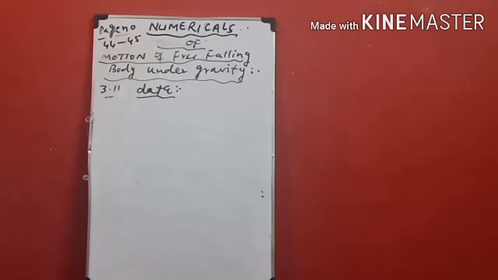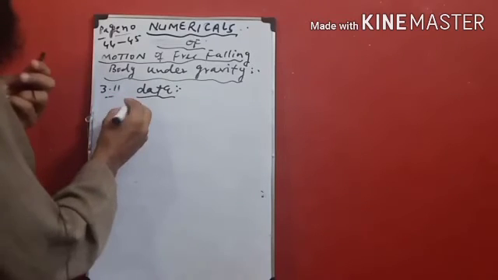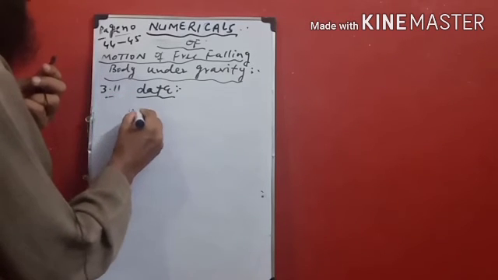Students, now come to problem number 3.11. In this problem, a boy throws a ball with a velocity of 20 meter per second. That means the body moves from earth towards the height. It has the velocity, and this velocity must equal Vi.